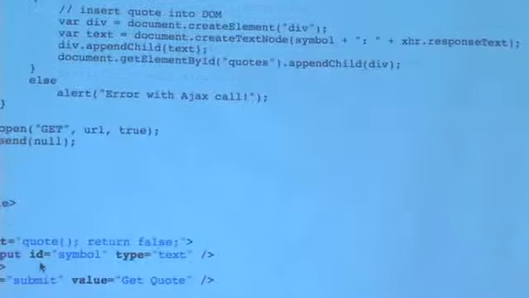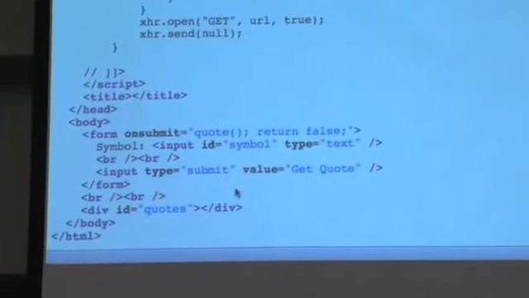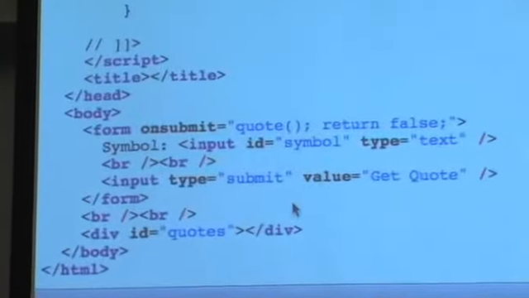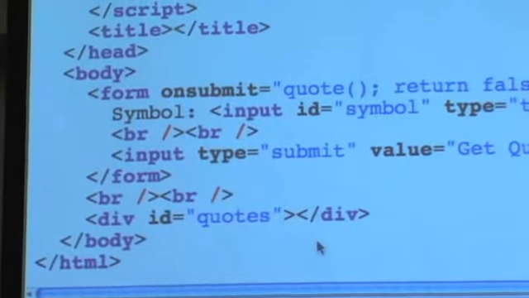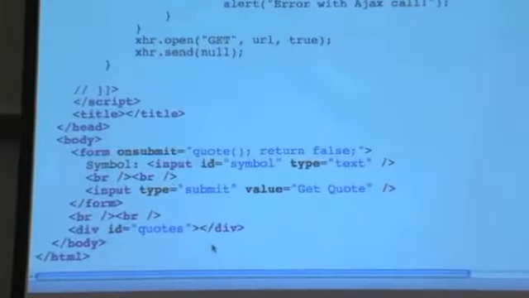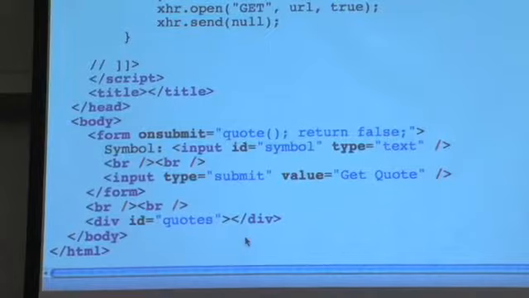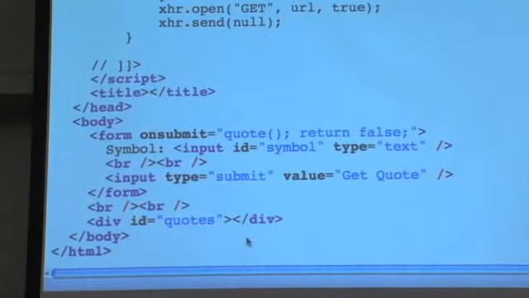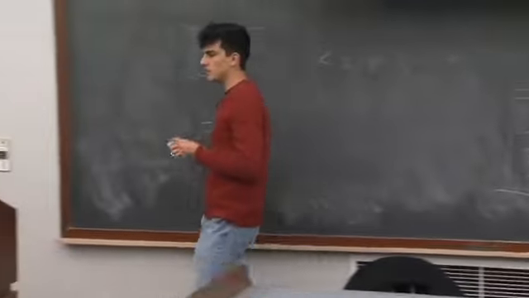Notice that down here we have a div ID quotes, but we don't actually insert the data directly into this. We don't use inner HTML on this quotes div to add in the price that we saw.